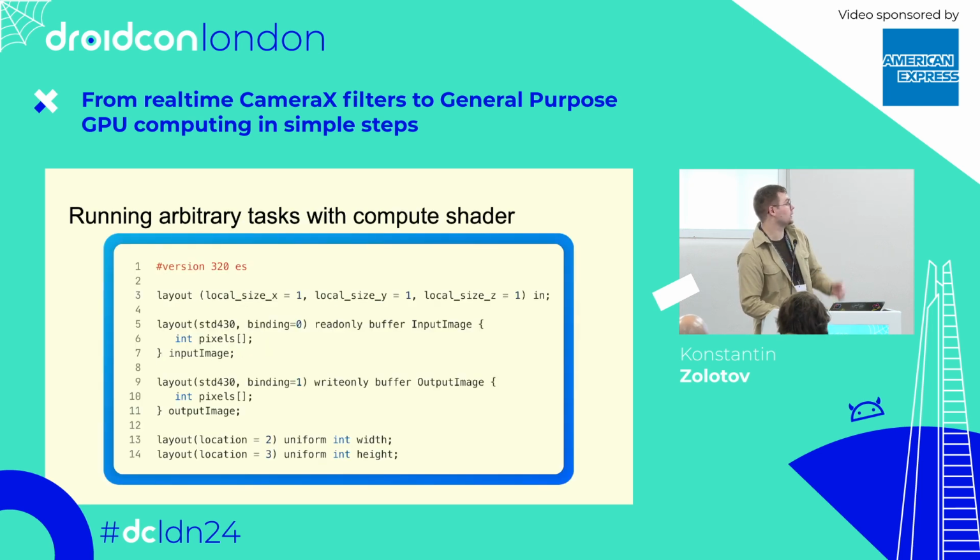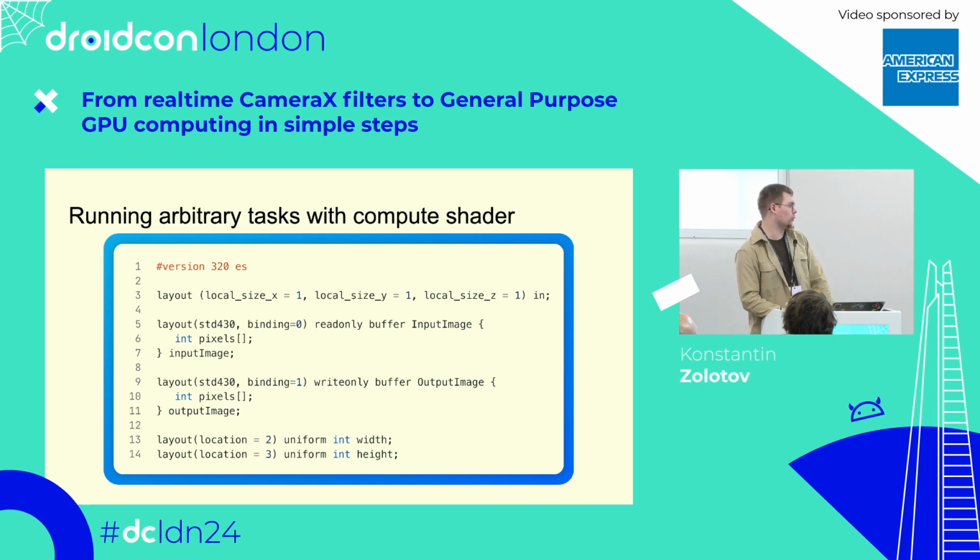You see that line 3 is the local space definition. It is completely static. If you define it in the shader, then you can't change it. That's why you have the dispatch instruction, to say how many work groups you want to dispatch. Lines 5 and 9 define the buffers. In line 5, we define the read-only buffer, which we load with the data we want to process, basically the input data, and write the data to the output buffer.